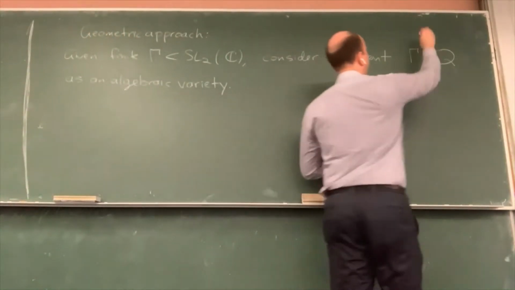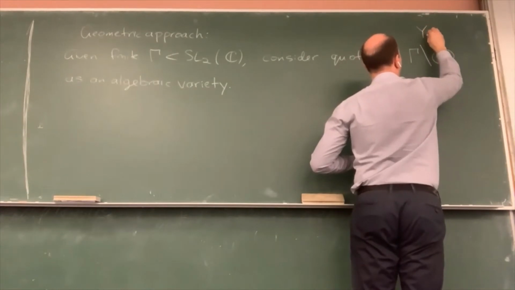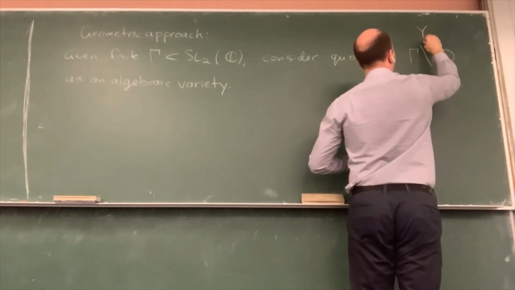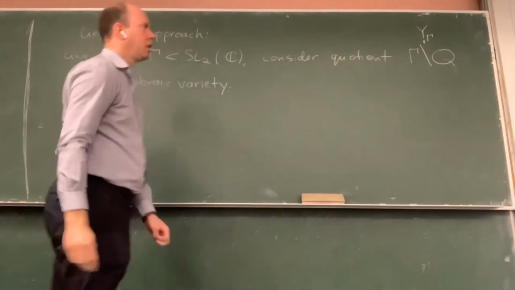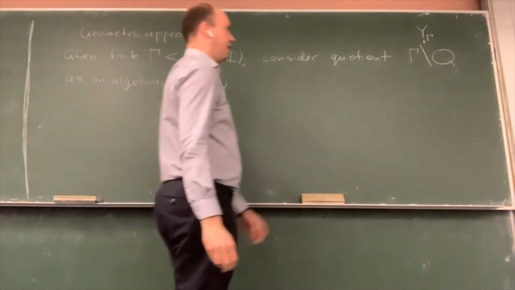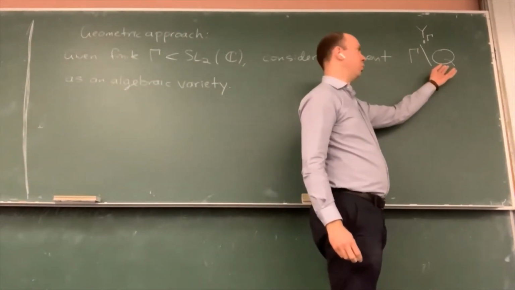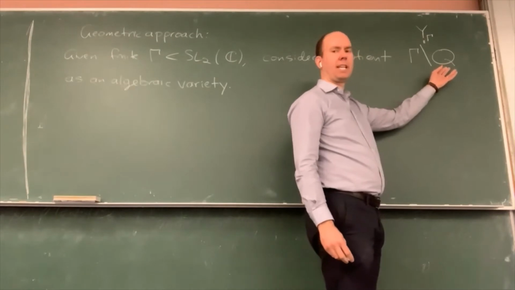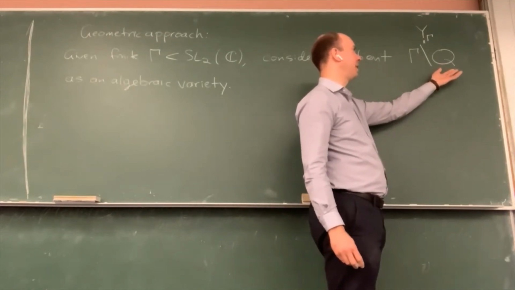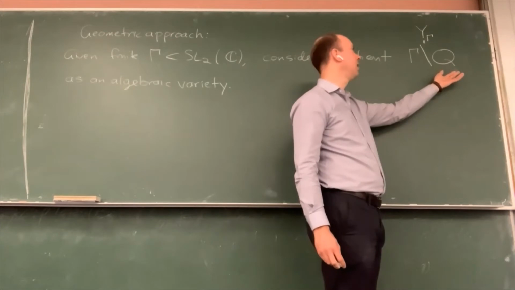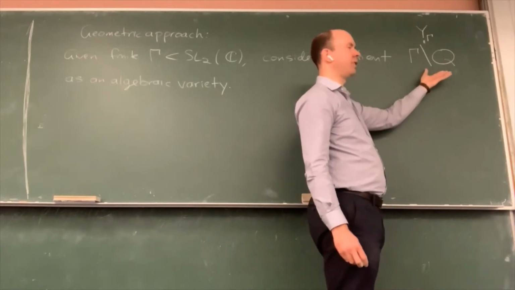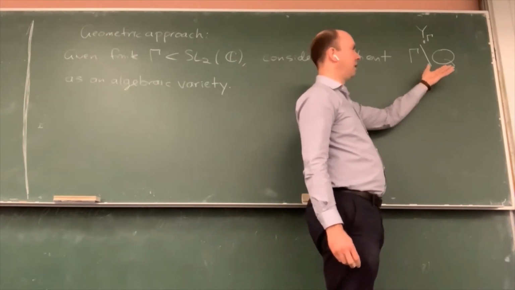So I think I'll call this Y gamma. I mean that Q is just C2 regarded as a representation of gamma. So in particular, it's just two-dimensional affine space with an action of this group gamma. We can take its quotient in the sense described before.